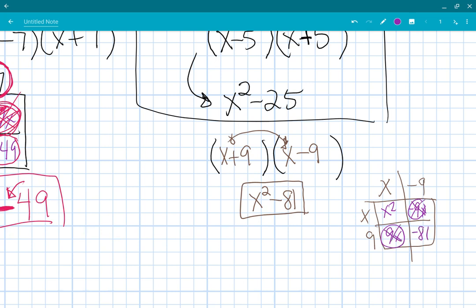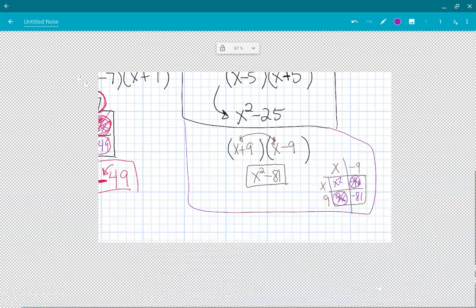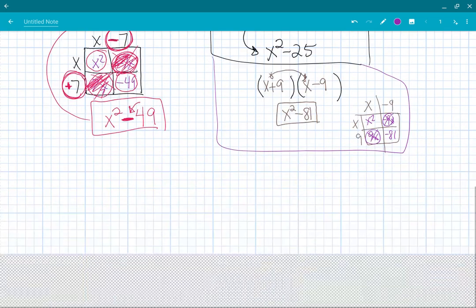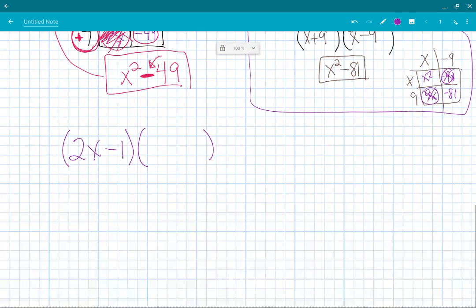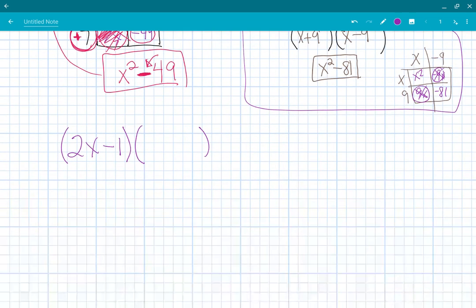But is it always going to cancel out? Let's pretend that I didn't know that, and let's try some other one. Let's make up one that has a number in front of it. 2x minus 1. And what is the fraternal twin of 2x minus 1? 2x plus 1.